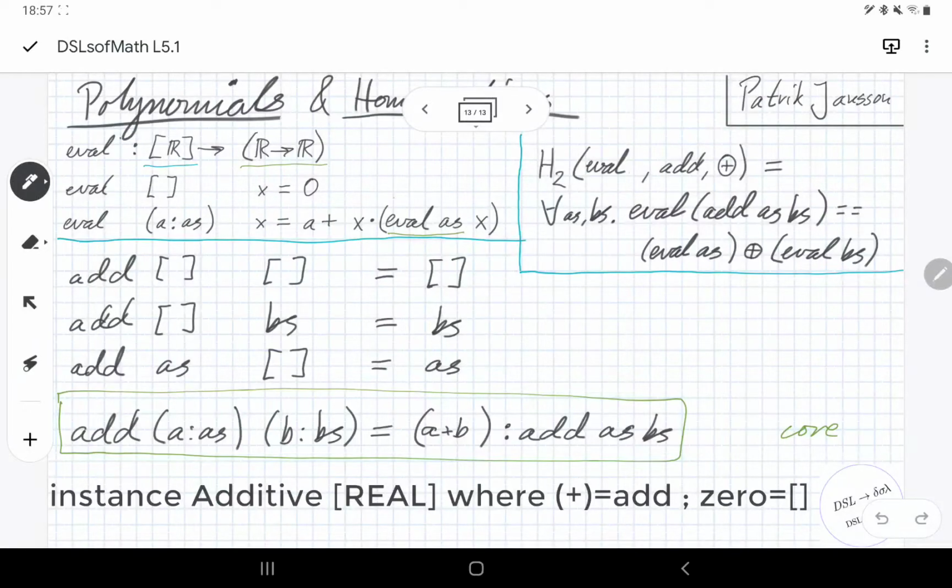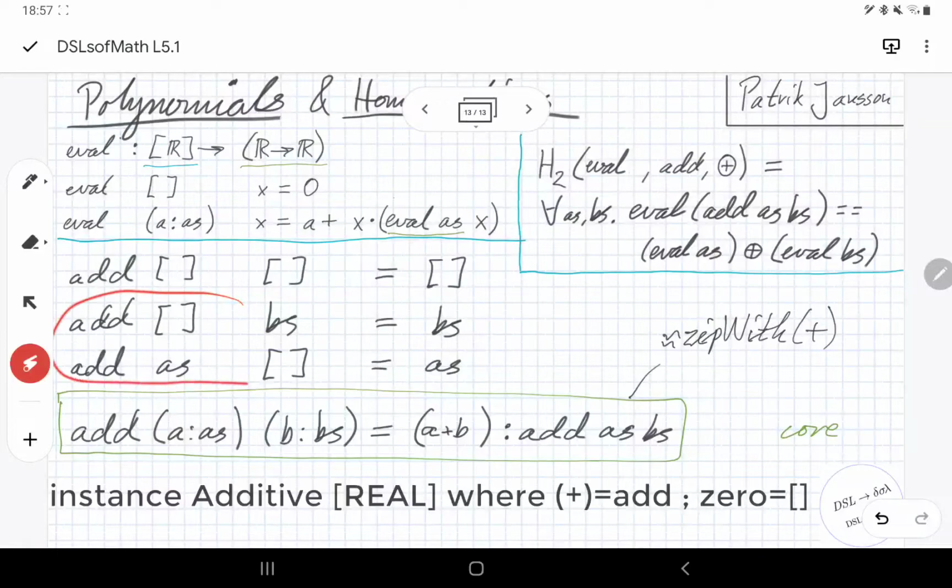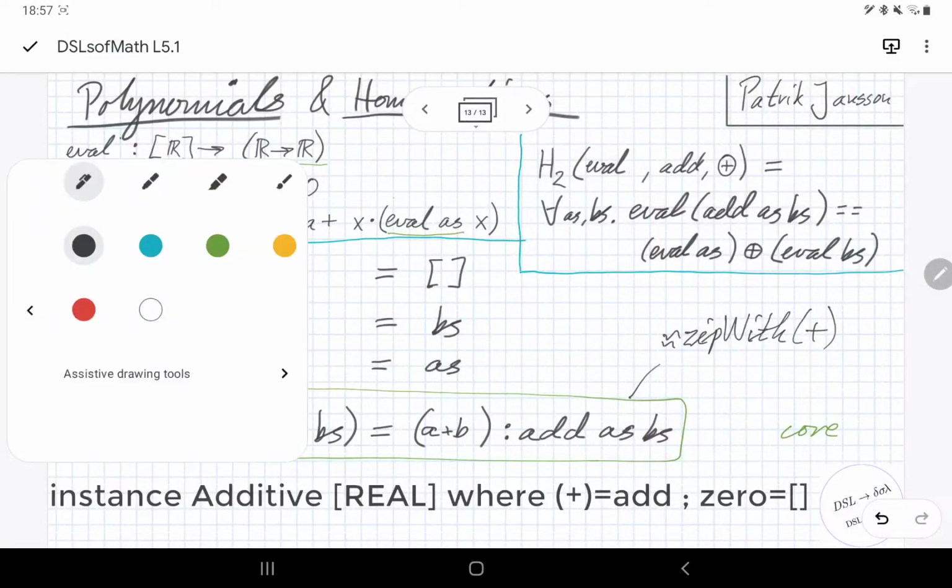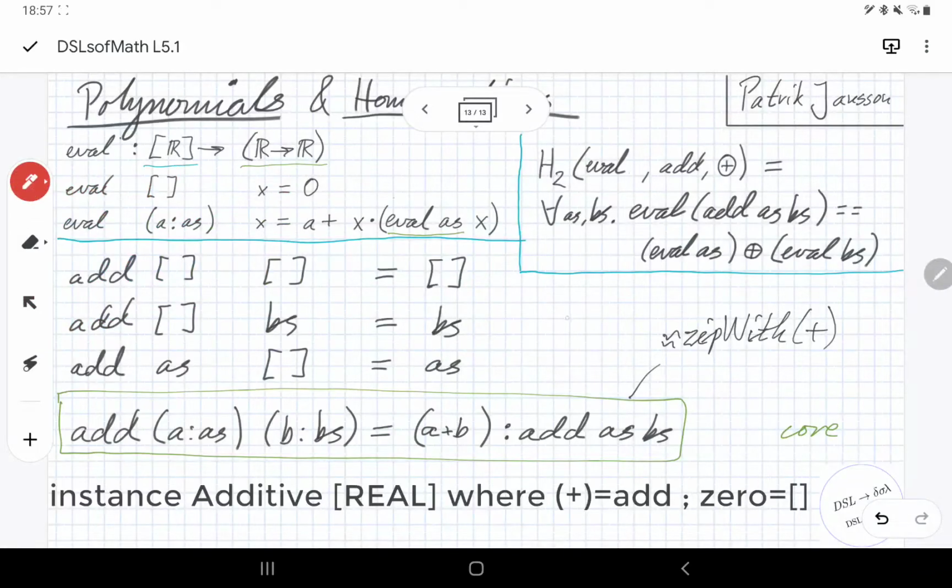So I should say this is a bit of a danger zone. This is almost the function in the Haskell prelude called zipWith plus, but it's not equal. So the reason I'm saying it's almost is that if we leave out these two cases, or rather, if we, instead of these two cases, would have the empty list here on the right-hand side. So let's put that in red as wrong, sort of.